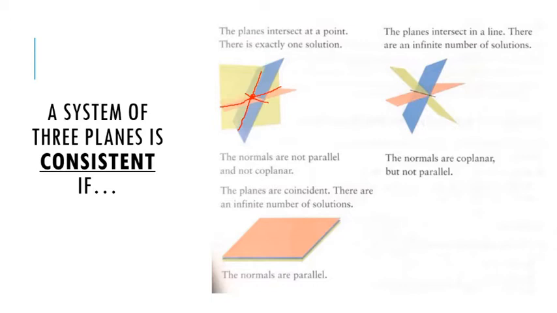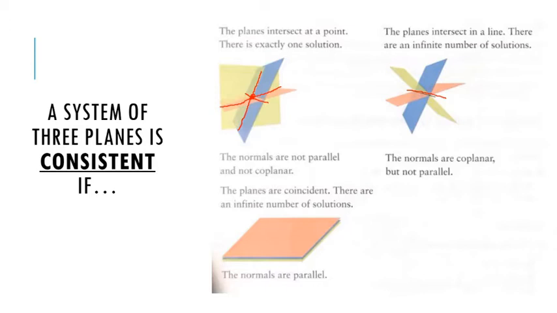Well, they could intersect and create a line of intersection, in which case it's almost like one of these planes is just spinning around and around that line of intersection, creating an infinite number of other planes that all have this axis that they spin on. In this case, the normals are coplanar.